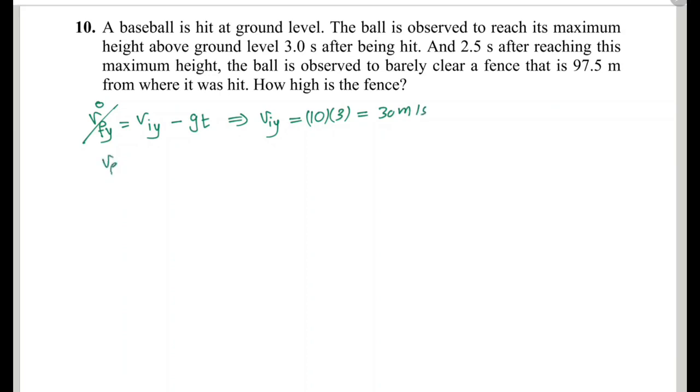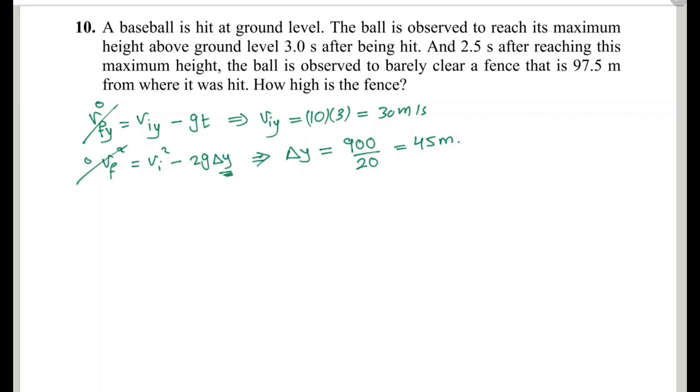Now, v final squared equals the initial squared minus 2g delta y. We need to find here the maximum height. So in this case, this one is 0. So delta y equals 900 divided by 20, or 45 meters.